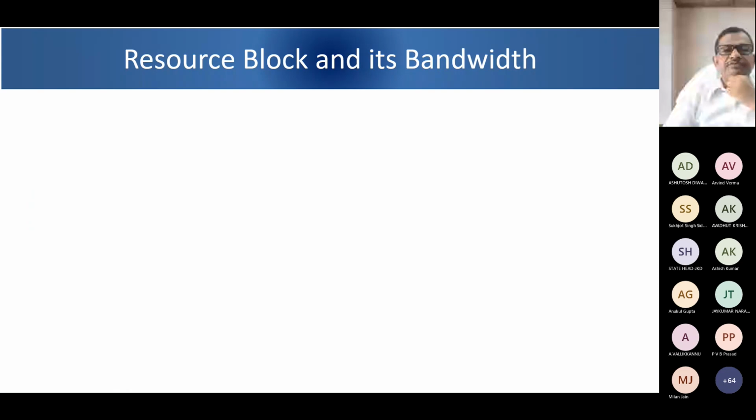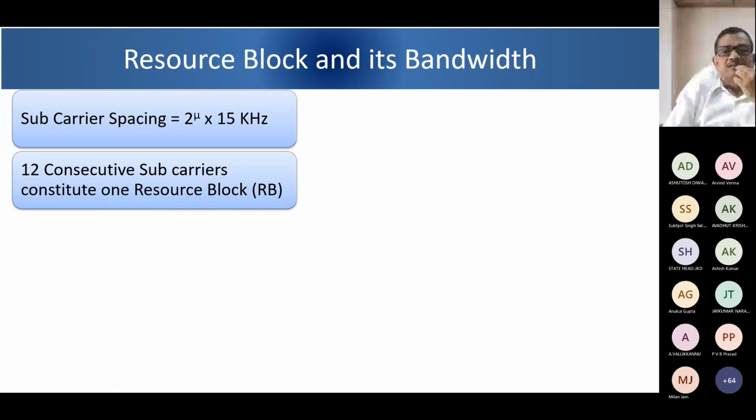In the case of 5G, a resource block is 12 subcarriers, but they have to be consecutive, continuous. 12 continuous or consecutive subcarriers, we call it a resource block.